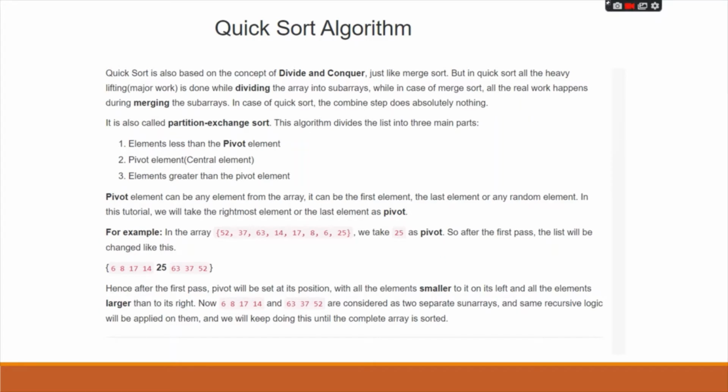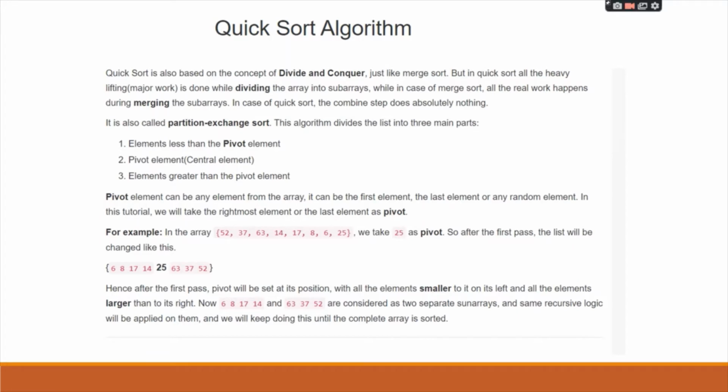So what happens in quicksort is that it can also be called partition exchange sort, because in this type of sorting we create functions of partition and exchange, which can be referred to as swapping of elements.